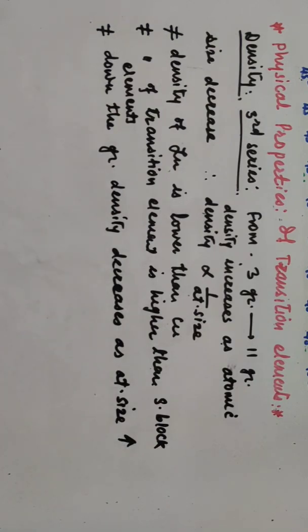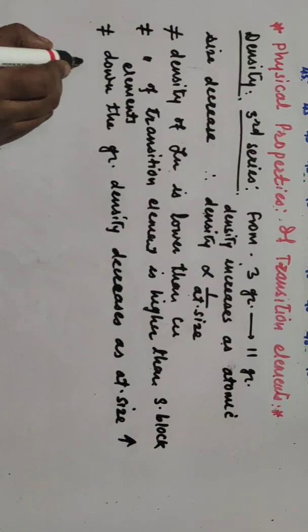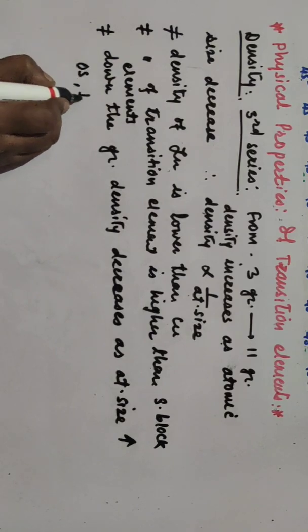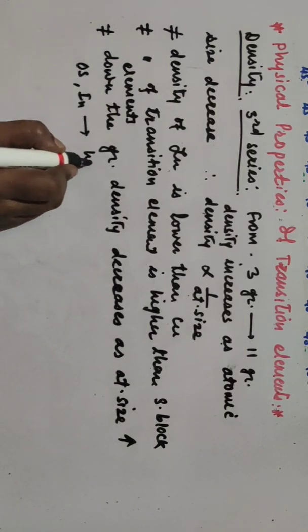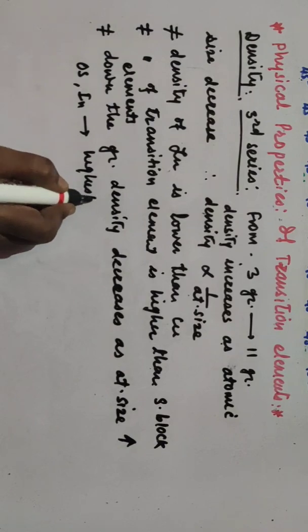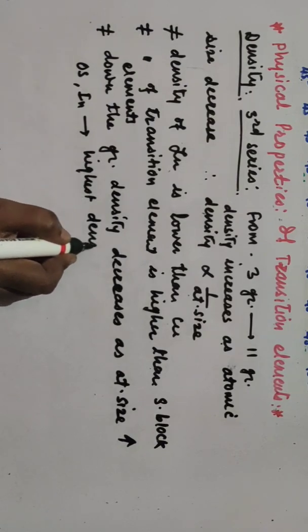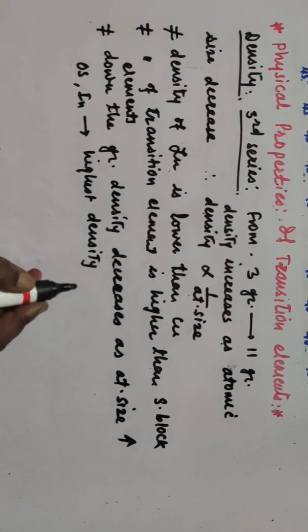If you consider osmium and iridium, osmium and iridium have the highest density in the d block elements. We are talking about transition elements or d block elements here.